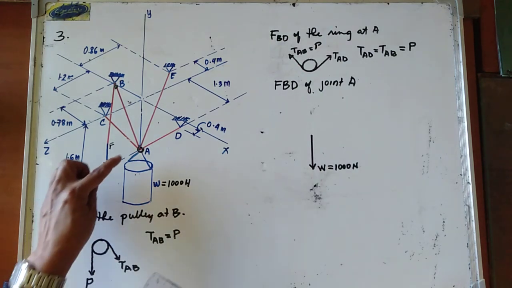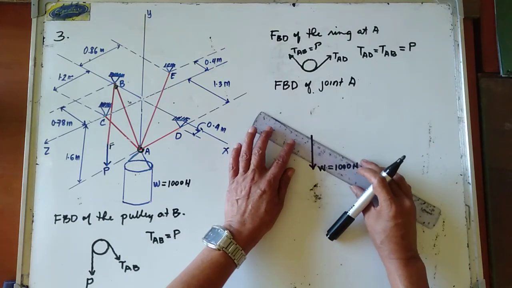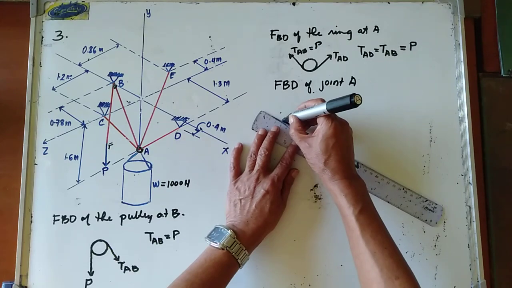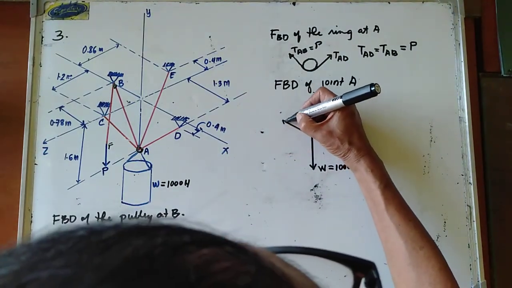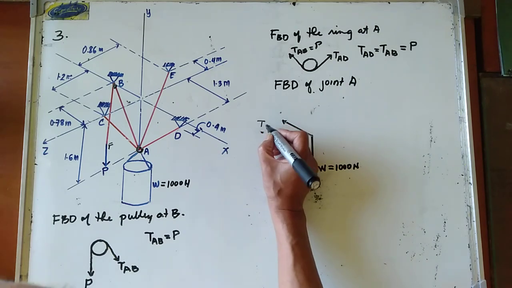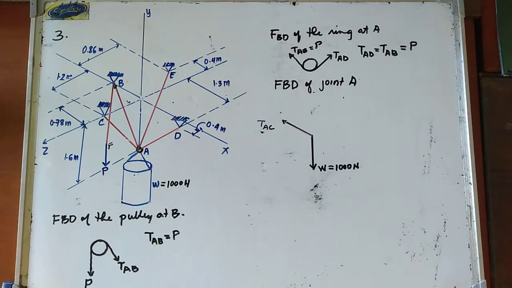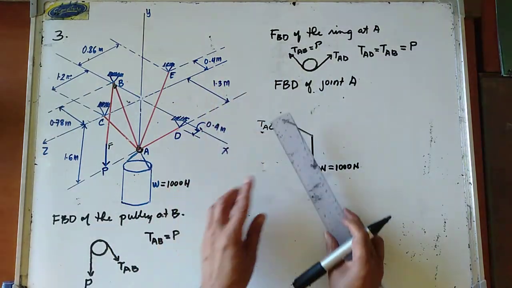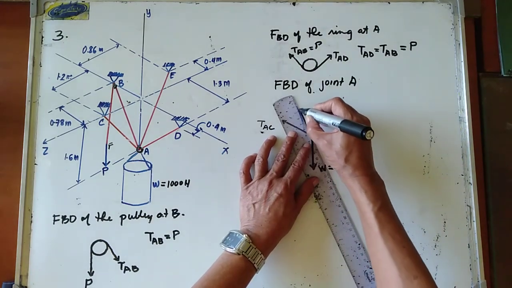Then we have your TAC, the tension in cable AC. And then we have the tension in cable AB.